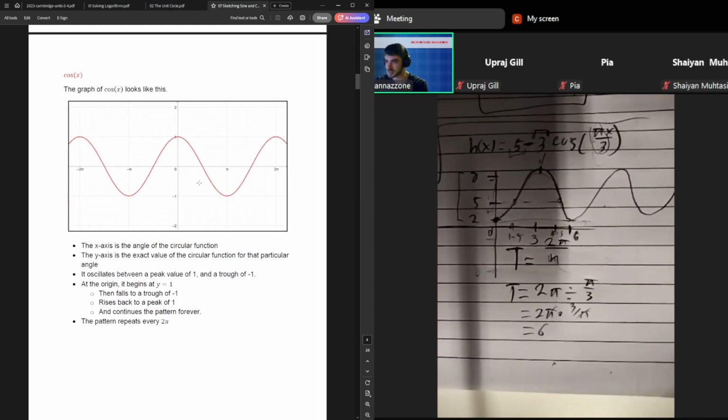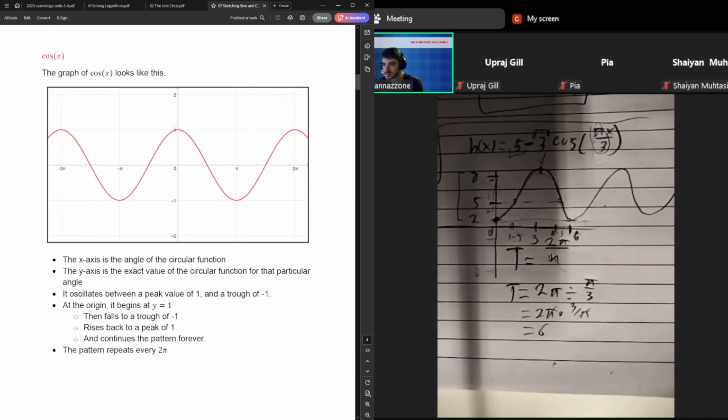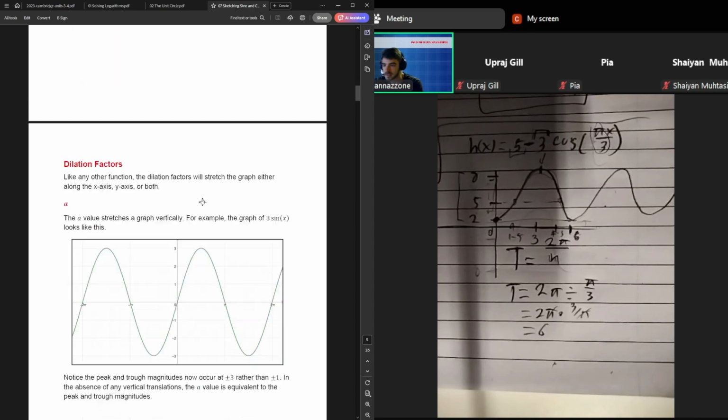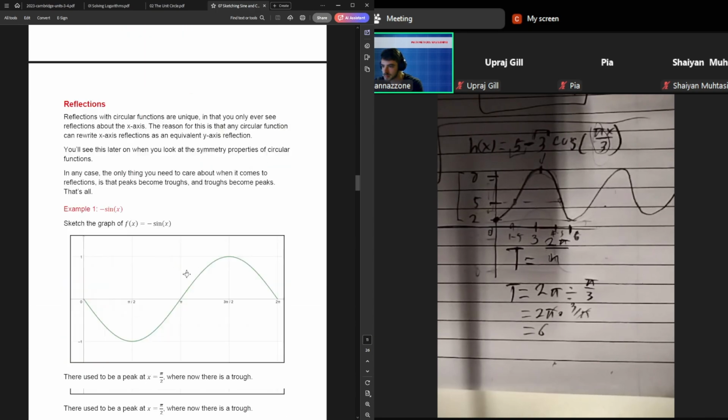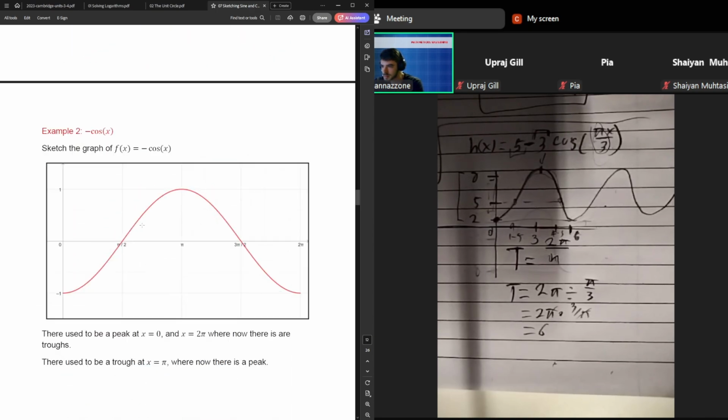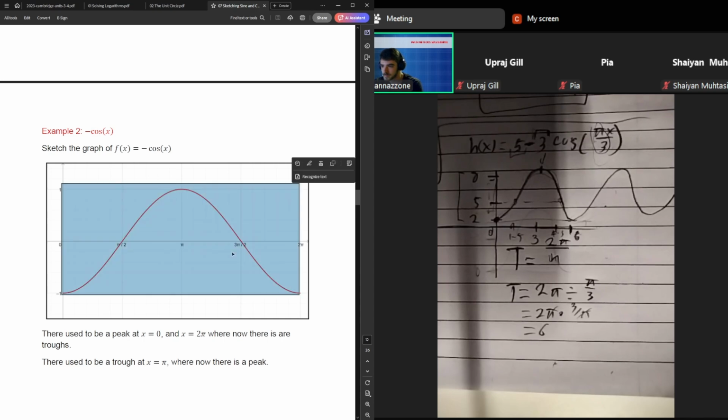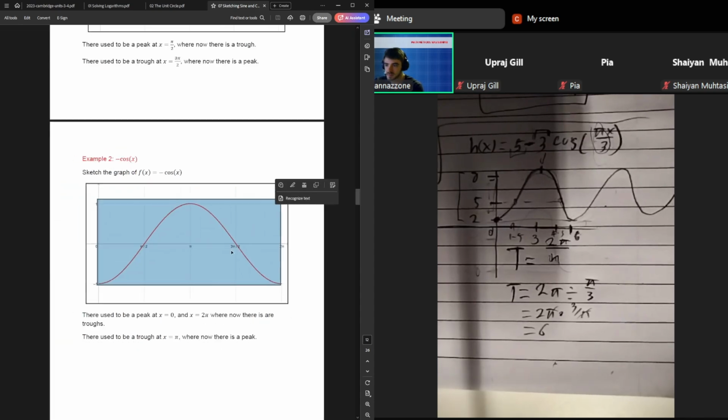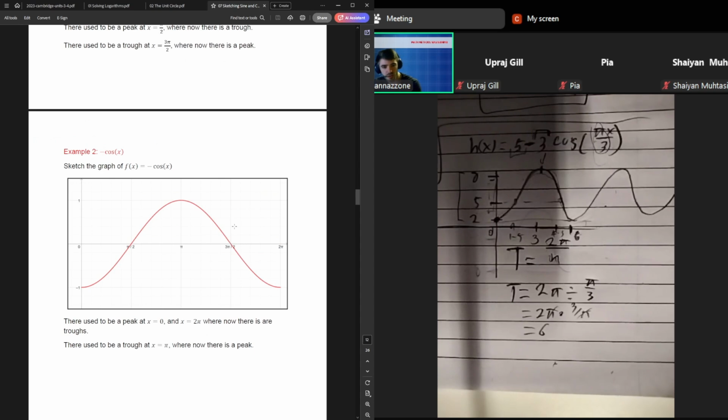The very basic cos without anything on it will start at a peak, so x equals 0 becomes a peak, and then dip as a trough. When you have a negative sign applied, everything flips. So instead of starting at a peak, you now start at a trough and end at the trough. That's all that is really. So you have to be aware of what the basic shapes are of cosine and sine.